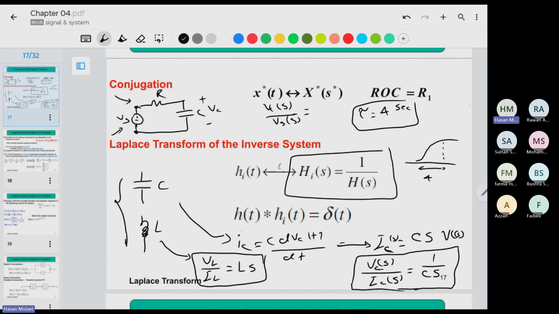This would be 4 tau, which means 16 seconds. Okay, I'm waiting for your answer.